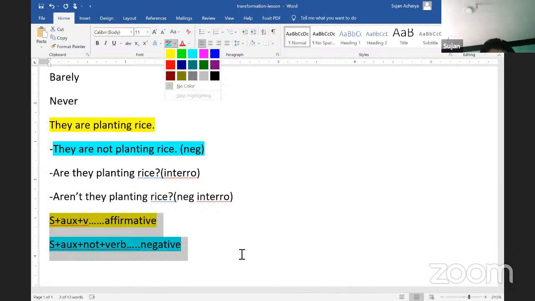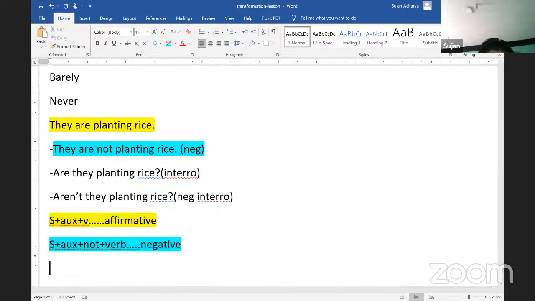Now the formula for interrogative and negative interrogative. Let's go first for interrogative: auxiliary plus subject plus verb. Interrogative.